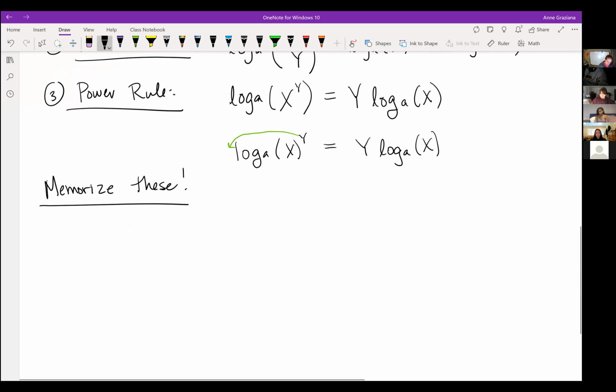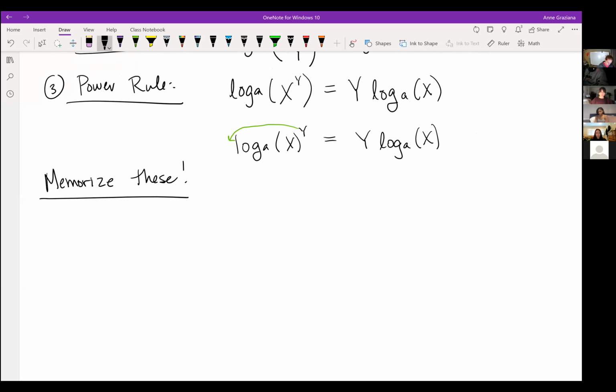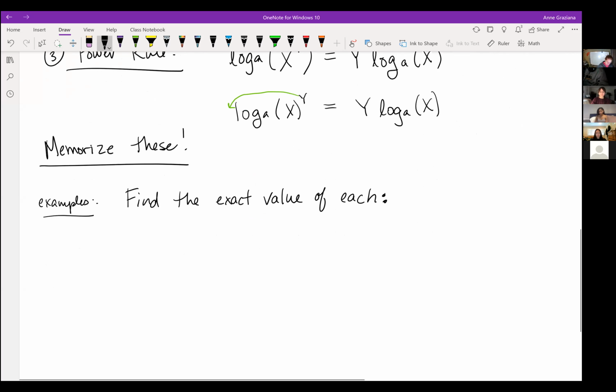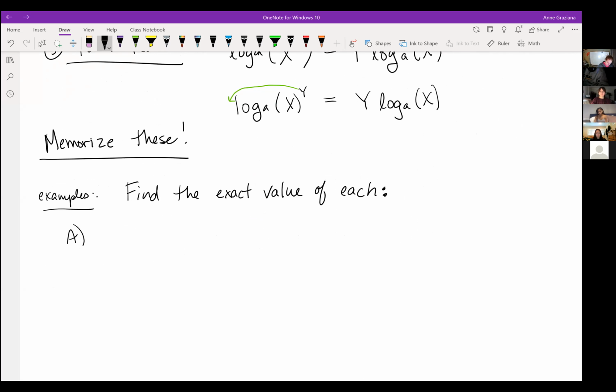Okay, so let's do some examples. Find the exact value of each. So here's A, log base 2 of 8 times 32.